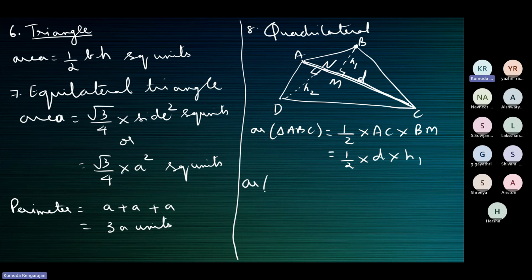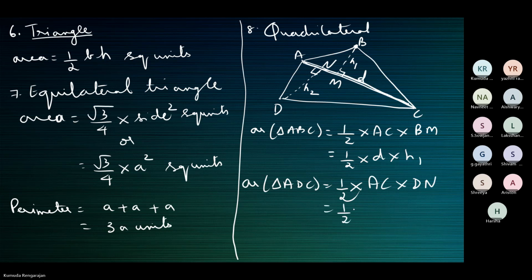Now tell me, children, what is the area of triangle ADC? Half into base into height. The altitude falls on which side? AC. So half into AC into height DN. So half into D into H2.